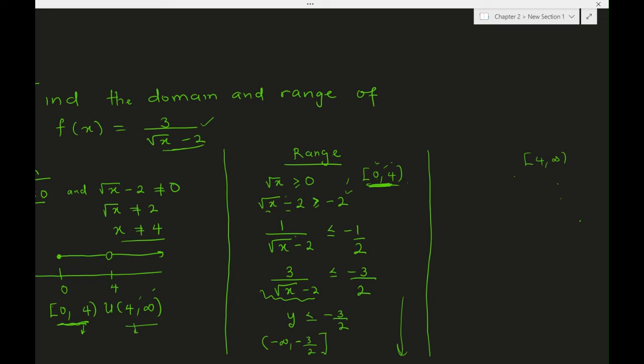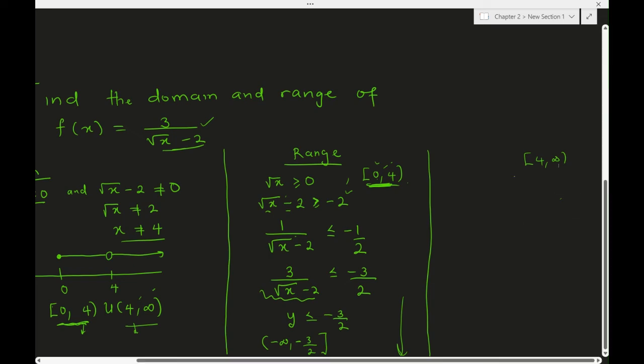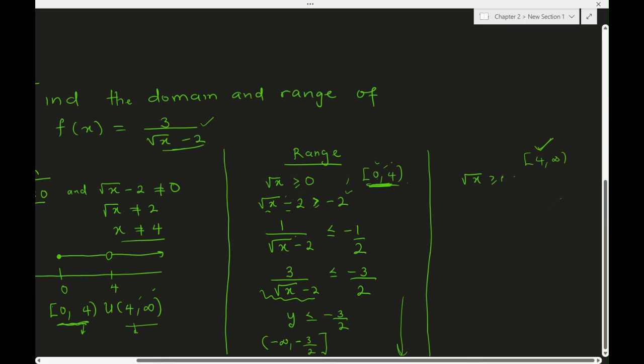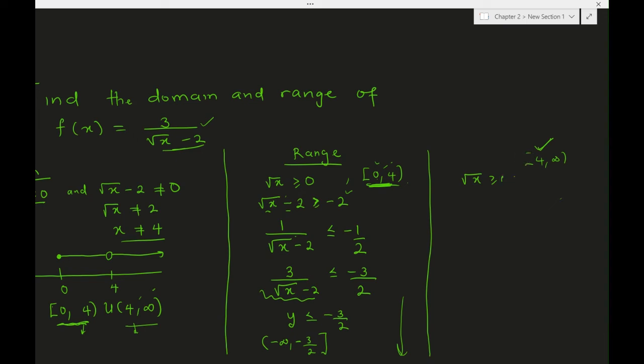So let's do the same method. What we're trying to do now is find the second part of the range. We know that the root of x is always greater than or equal to 0. This is true. But in this case, since our x is coming from 4 to infinity, and don't forget this 4 to infinity is open, so here you can see the 4 is open.